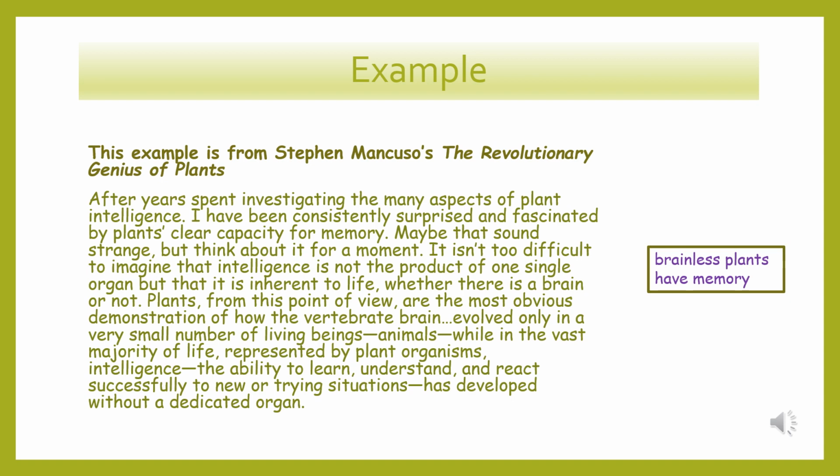So what I would write simply by the side of this paragraph is brainless plants have memory. I wouldn't have to go back and reread the whole paragraph necessarily in the future. I could just look back on it if I need evidence from this chapter on memory and plants.